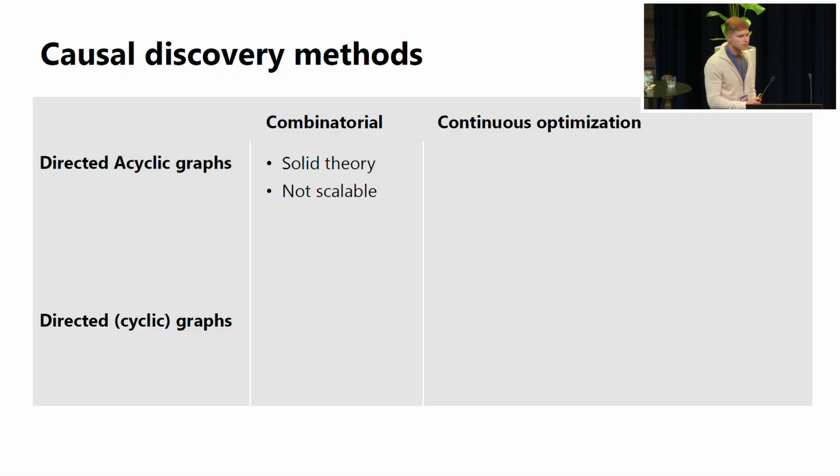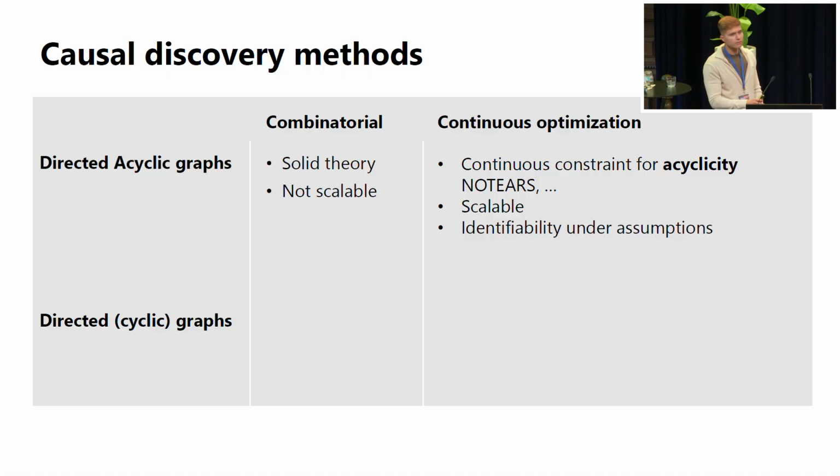The first ones have a solid theoretical background, but are typically not scalable to graphs of 1,000 nodes. For continuous optimization methods, they introduced acyclicity constraints, like the one from NOTEARS, which typically makes them more scalable, but causal identifiability only holds under certain assumptions.